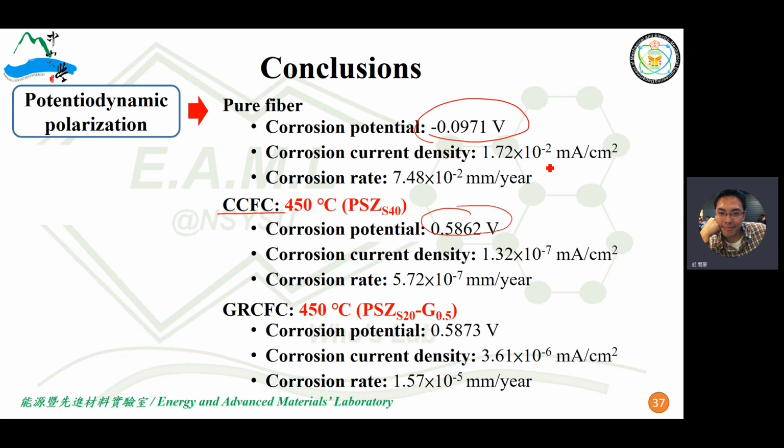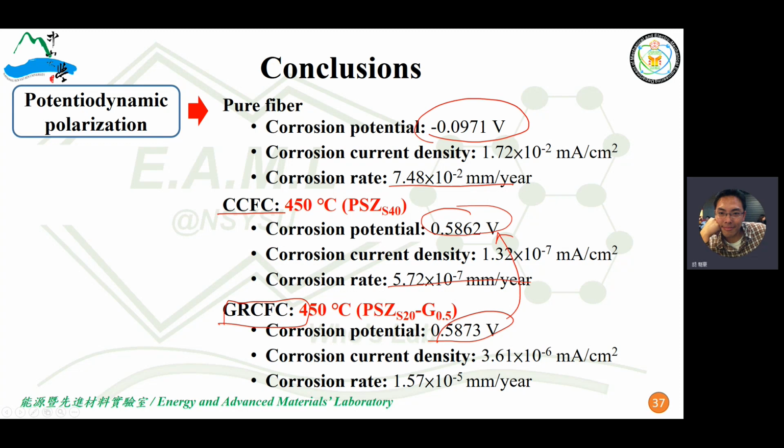The corrosion rate for the coated fiber is much lower than that of the pure carbon fiber. And for the graphene incorporated carbon fiber, its corrosion potential is similar to that of the CCFC.